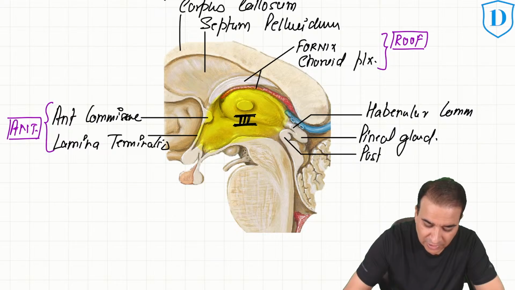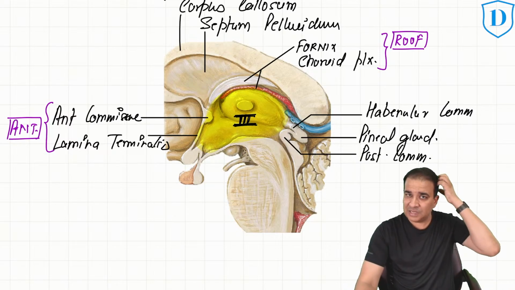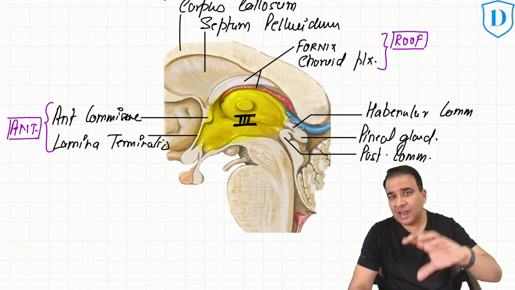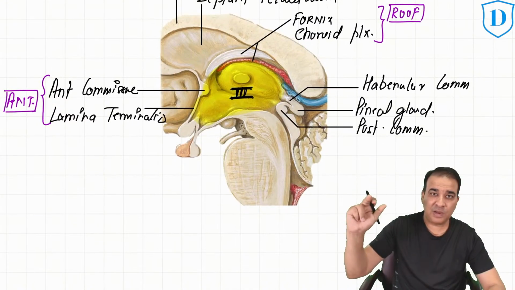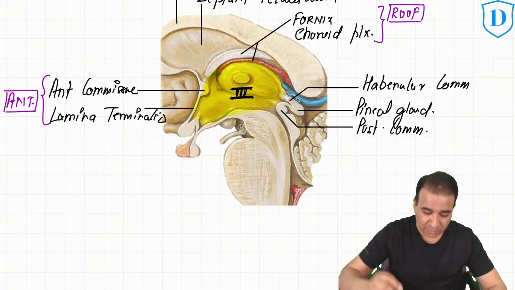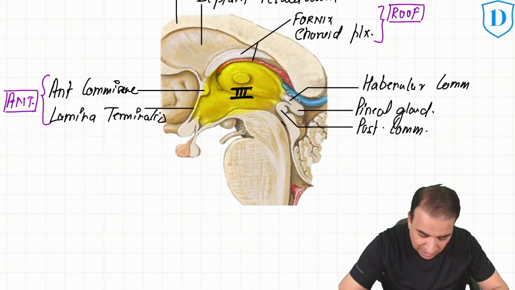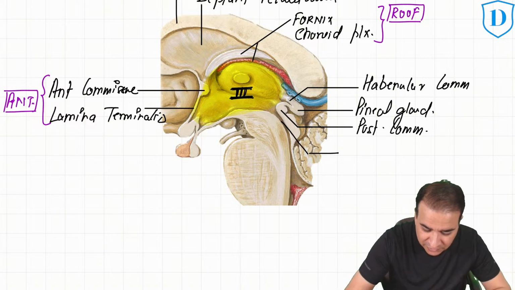And just below that we have a posterior commissure. Commissure fiber, guys. Corpus callosum is the largest commissure fiber, पर उसके अलावा भी हमारे पास कुछ commissure fibers होते हैं. Like this is a habenular commissure जो pineal gland के ऊपर है, pineal gland के नीचे posterior commissure है. And I hope that you can clearly identify that is the aqueduct of Sylvius.